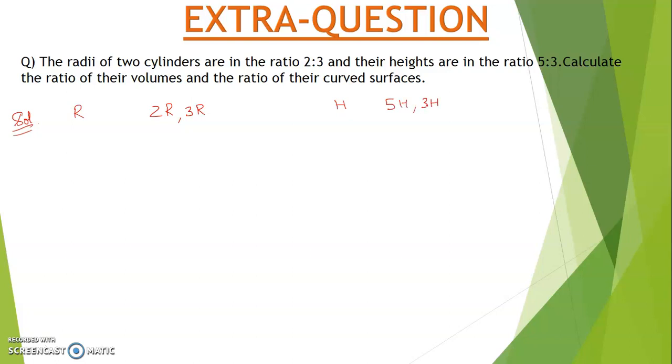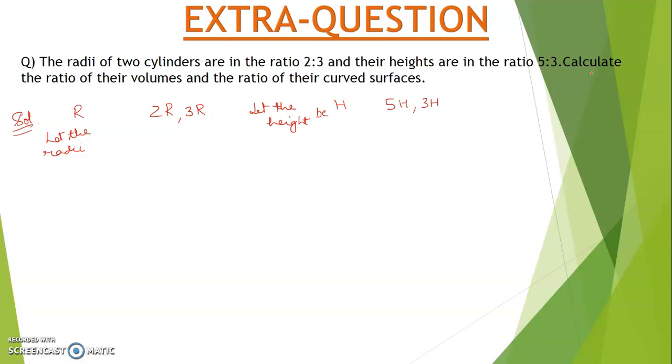You have to understand this carefully, students. Let the radii be r; the ratio is given 2:3, so it will be 2r and 3r, and the heights ratio is given 5:3, so we take let the height be h, so 5h and 3h.